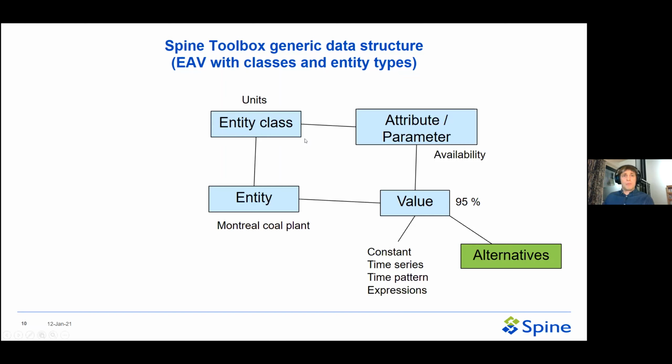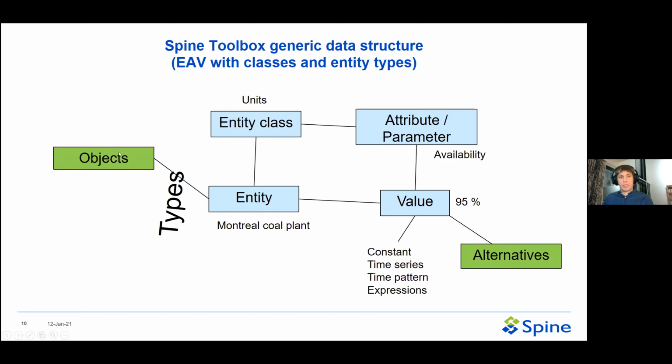And in order to get more structure here, you can have, or actually you must have, a class where the entities belong to. So the coal plant would probably belong to a class something like units. And these entities can be of different types.